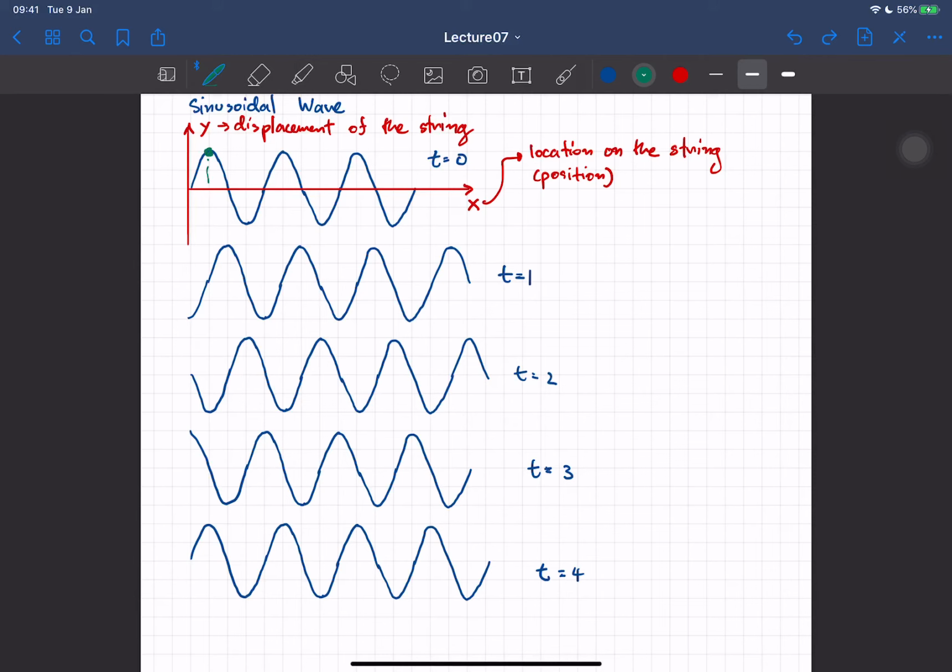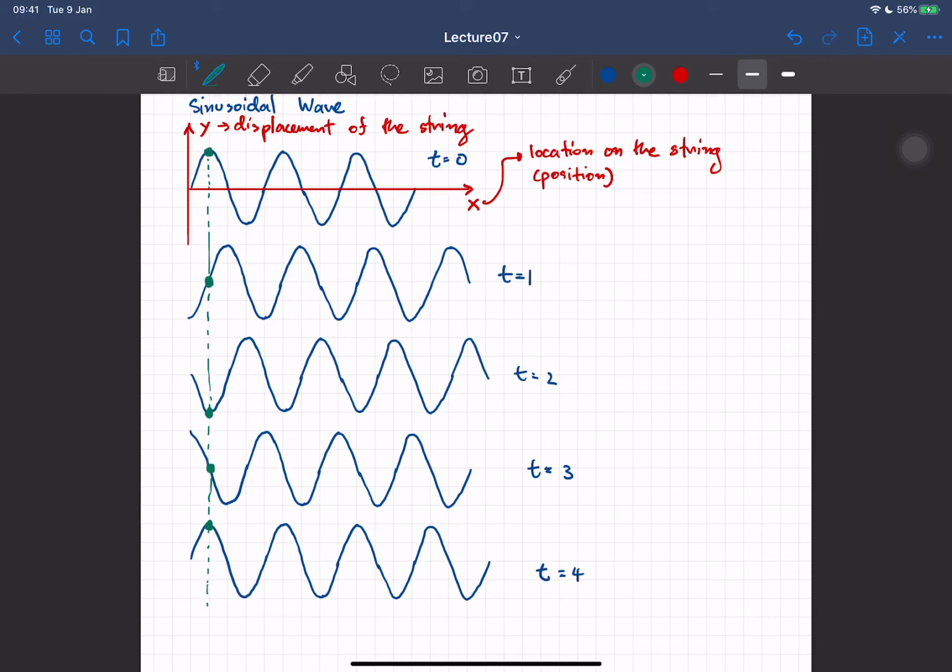Picking the same x means I don't care if the wave is moving to the right. I just want to follow the same x. So here it's going to be here, here, here, and then here. Right. So this is what I mean by the same x, which is this green point here.